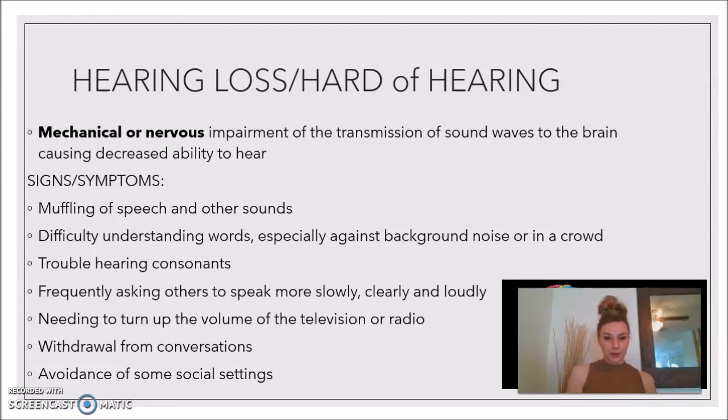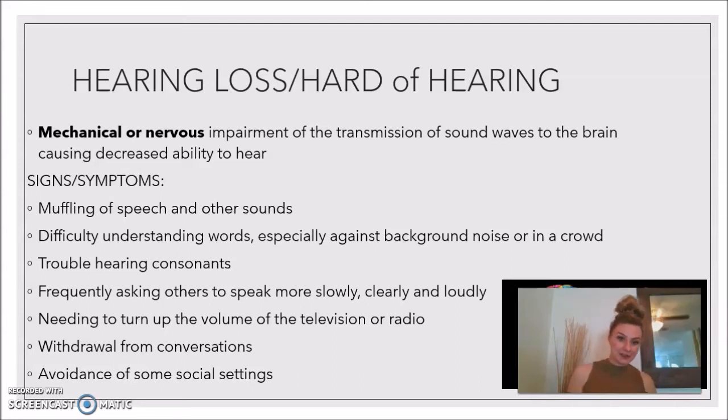Some signs and symptoms you might see with somebody who isn't able to hear properly are muffling of speech, difficulty understanding words, especially against background noise or in a crowd of people, trouble hearing consonants in words, frequently asking others to speak slowly, clearly, and loudly, needing to turn up the volume on the television or radio.